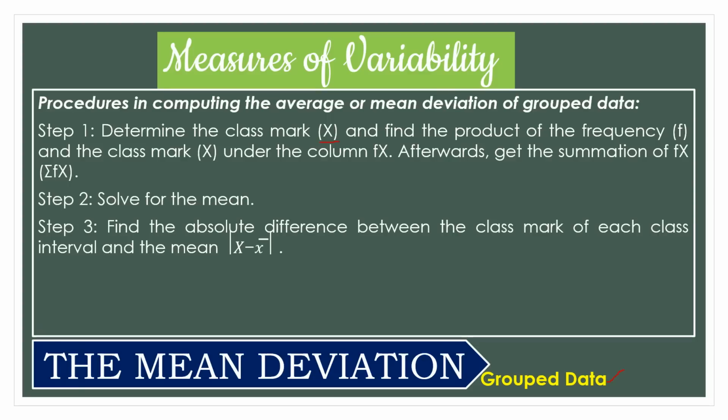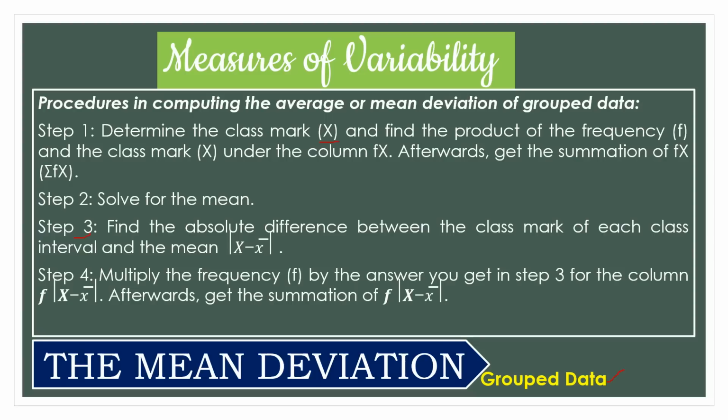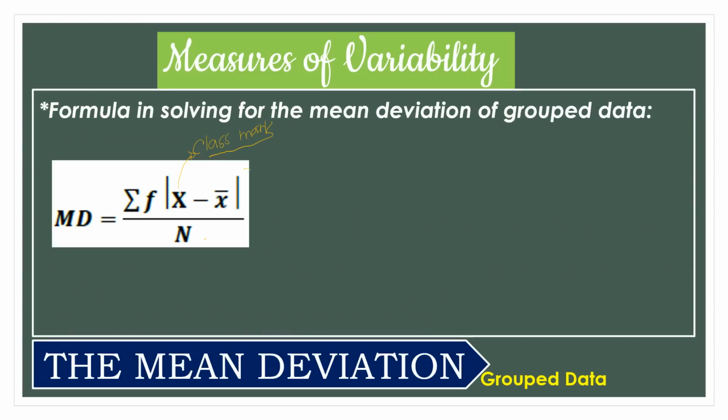Step 3, find the absolute difference between the class mark of each interval and the mean. For step 4, we multiply the frequency by the answer that we've got in step 3 for the column F times class mark minus mean. And then afterwards, get the summation of F times X minus the mean. Okay, and step 5, solve for the average or mean deviation by using the formula.